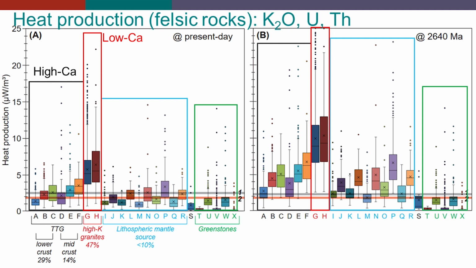Now, those were present day values, those are going to be minimum values because of the decay of the heat producing elements. So this diagram shows the same data set, same scale of heat production, but calculated for 2640.